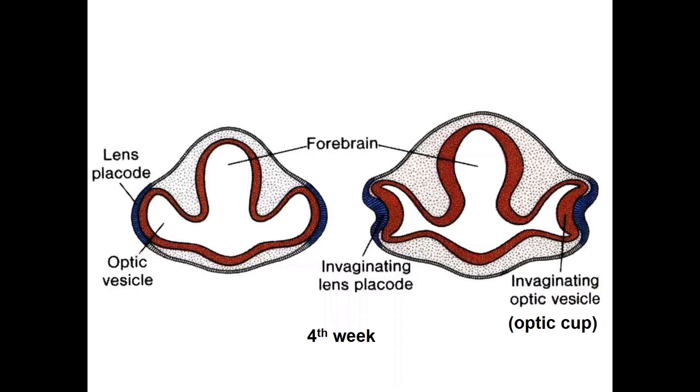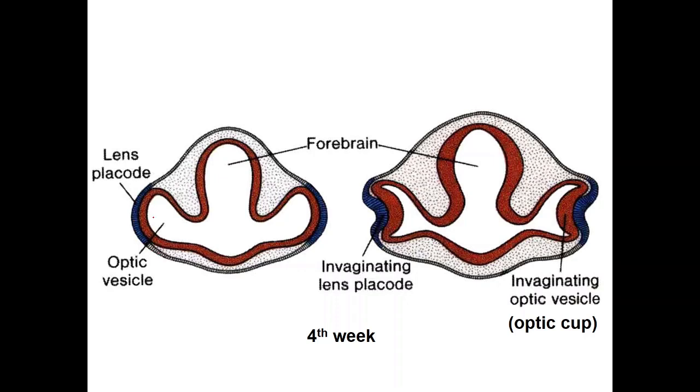There is a signalization going on. So the ectoderm will react to this optic vesicle from the cavity of the forebrain and will get thicker. Cells on the surface ectoderm will proliferate.